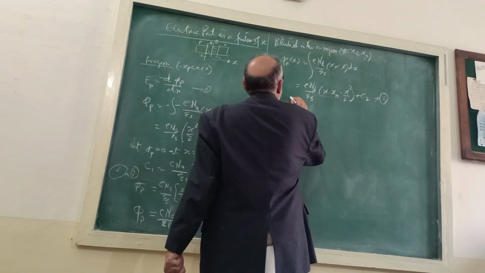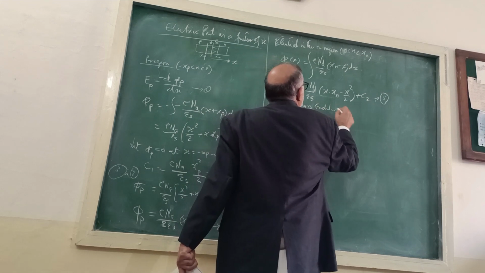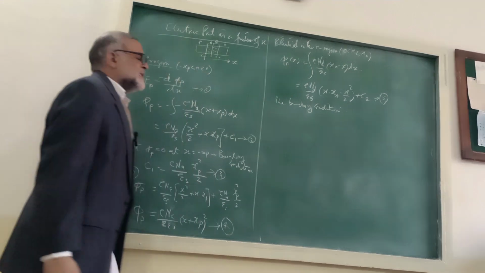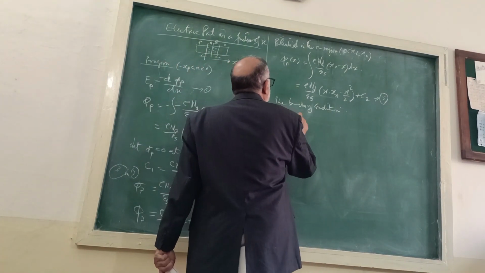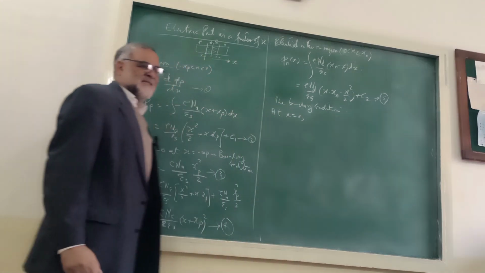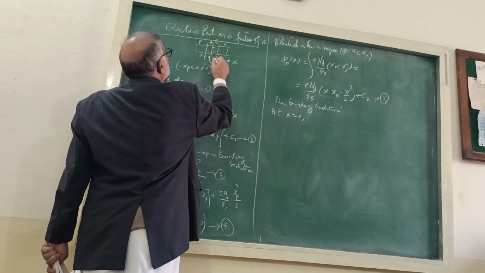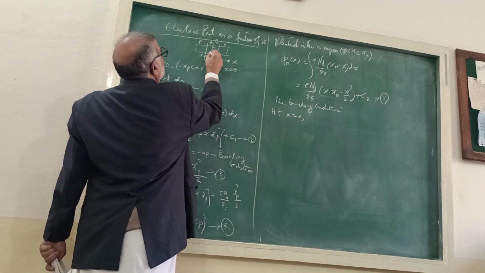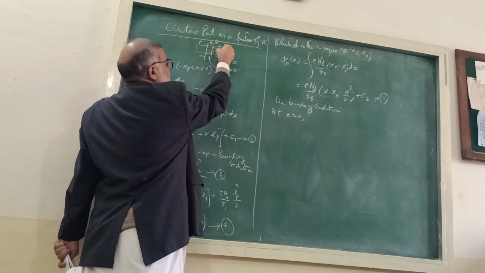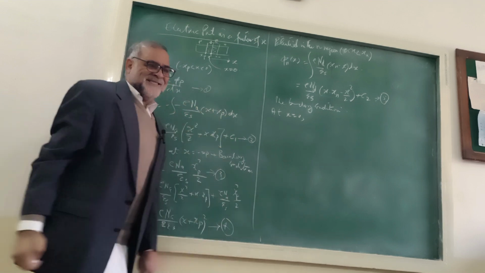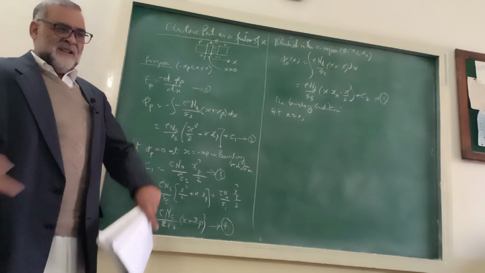The boundary condition is at x equal to 0. The potential in the p region and the potential in the n region will join together.